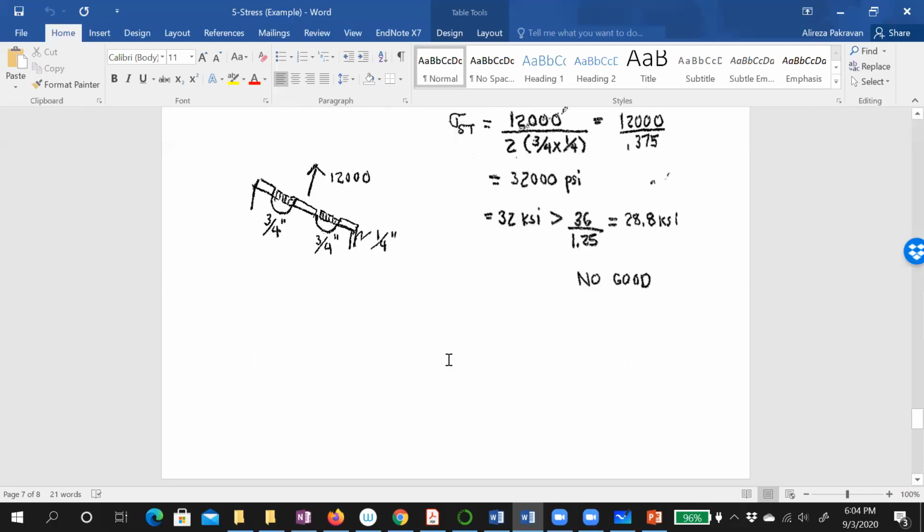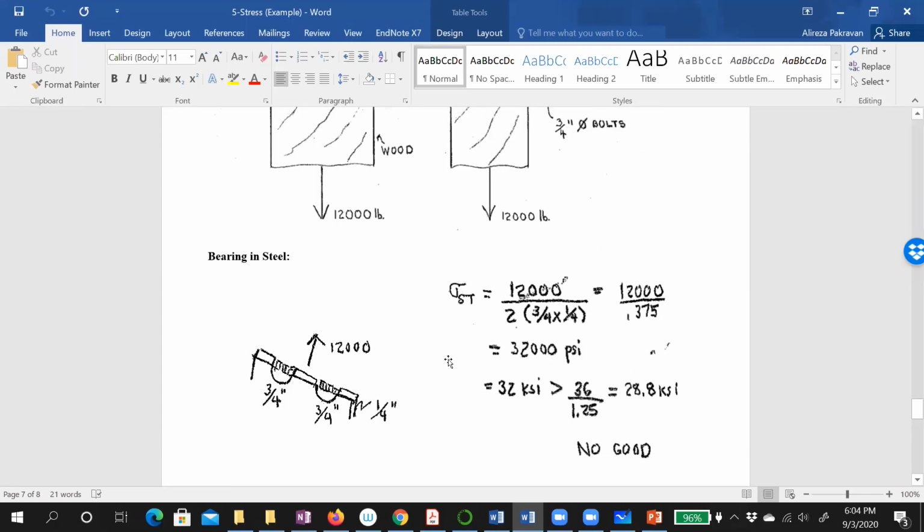Yes. A question. I don't understand why in bearing you multiply by 2 in the denominator, and for shear you multiply by 4. Here we have just 2 bearing areas, because this is one bearing area and this is the other bearing area.